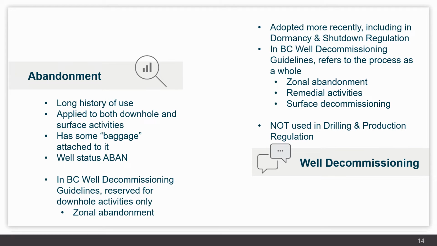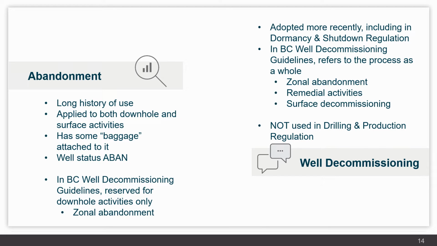Within the context of the BC Well Decommissioning Guidelines, however, the term abandoned has been reserved for downhole plugging activities only. For instance, where a completed interval is plugged, we say that that zone has been abandoned. Well decommissioning, on the other hand, is a term that's been adopted more recently, including within the dormancy and shutdown regulation.